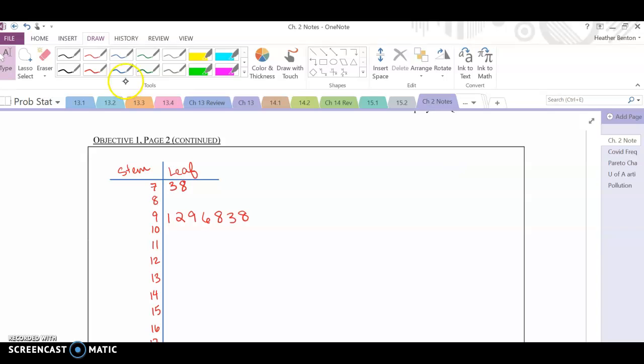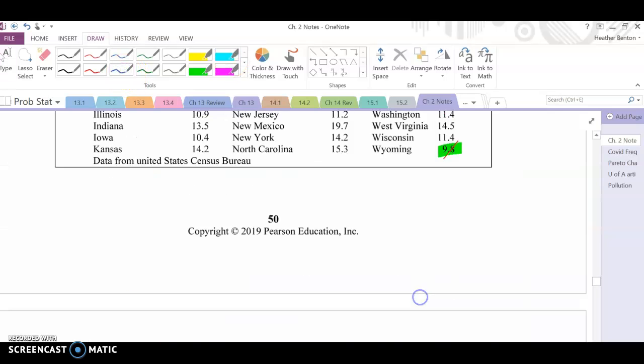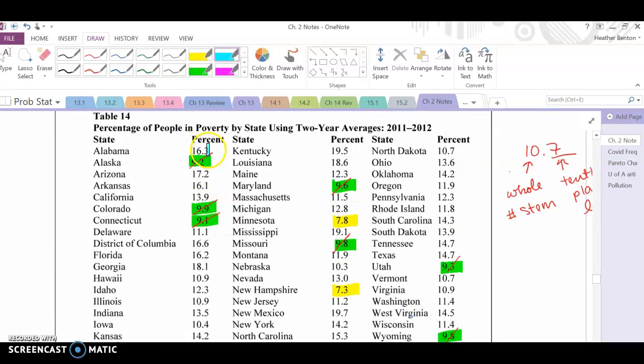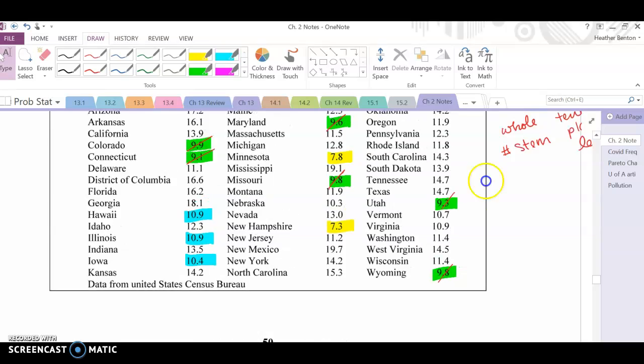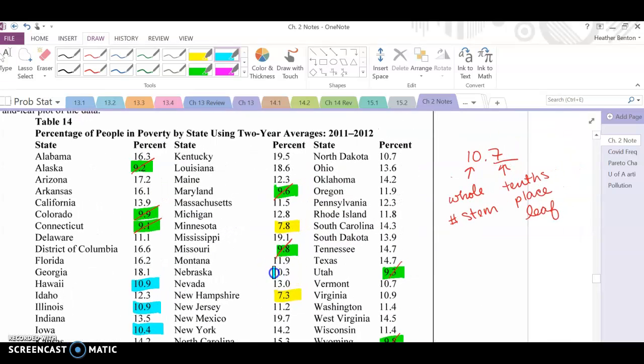Alright, so then you're going to go through and look for all the 10s. So, there's 1, there's 1. There's 1. There's 1.